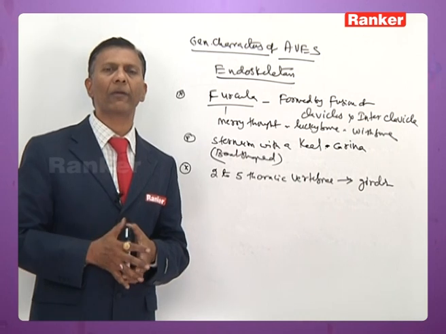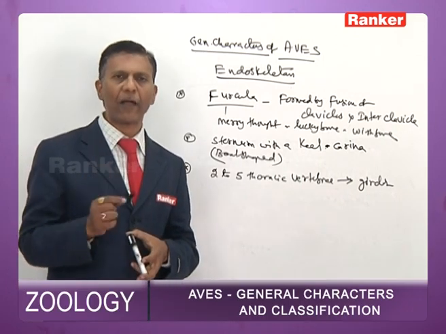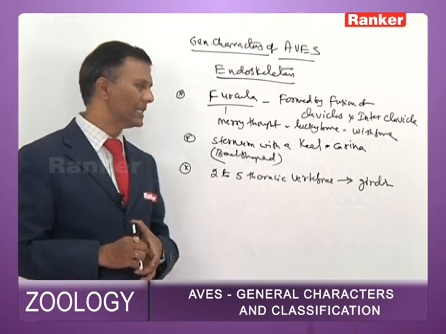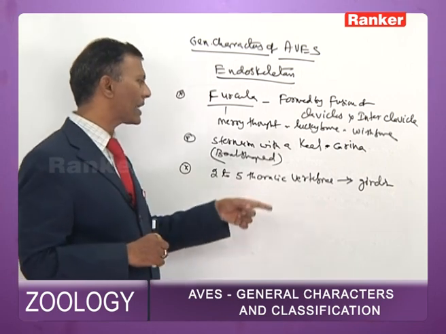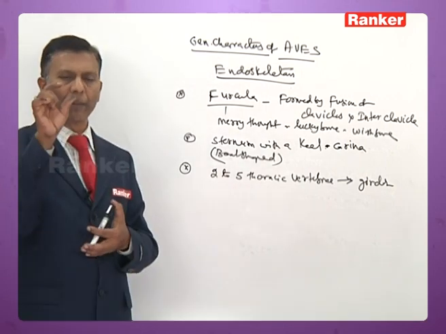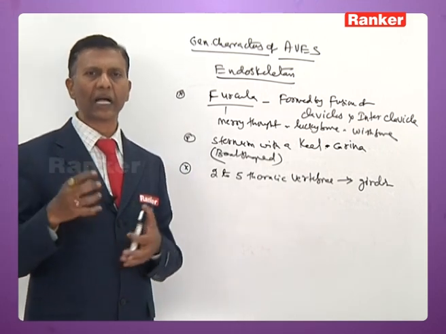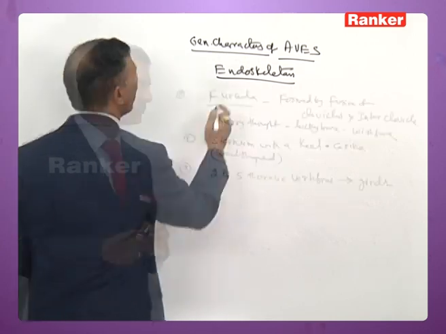Due to the well developed keel, flight birds are called carinates. Because of the raft-like, reduced keel, flightless birds are called ratitae. In flight birds, 2 to 5 thoracic vertebrae are fused to form a girder-like structure that gives support to the wings during flight.